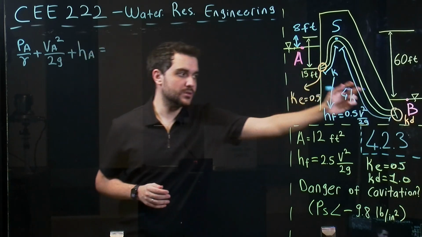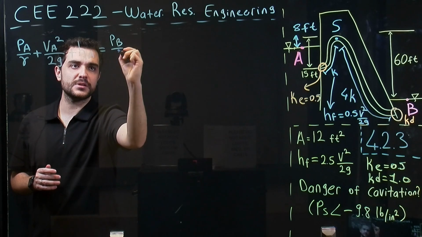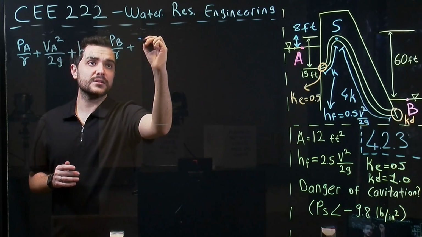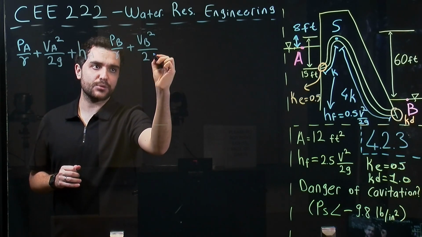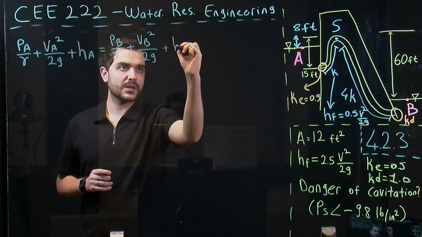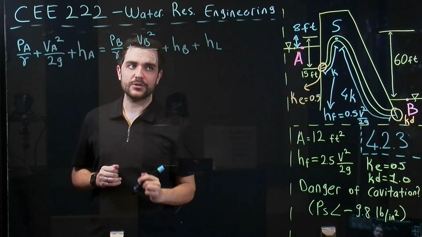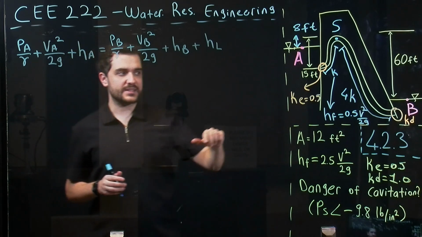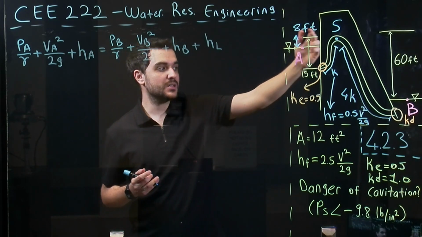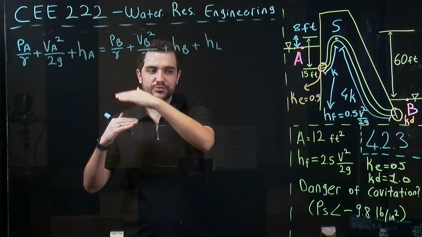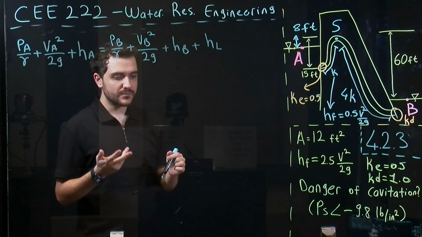And if we skip to here, we will have another pressure term, pressure head. We have velocity head for this point B. We have the elevation, and finally we have head loss, because the water is moving from point A, or from this reservoir, to point B, so throughout this pipe we will have some losses, as I mentioned.